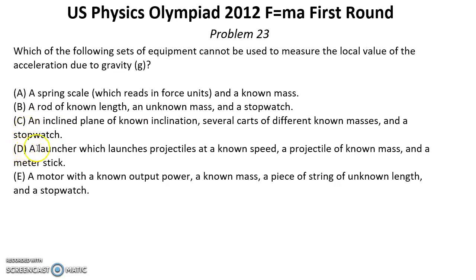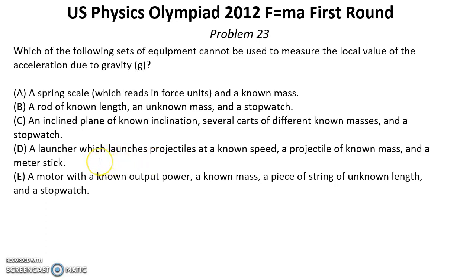D. A launcher which launches projectiles at a known speed, a projectile of known mass and a meter stick. This could be used for g because we have a formula to find the maximum range if we know the initial speed.